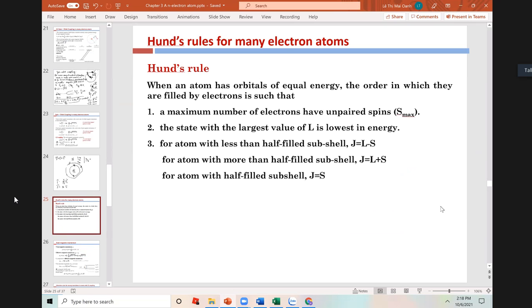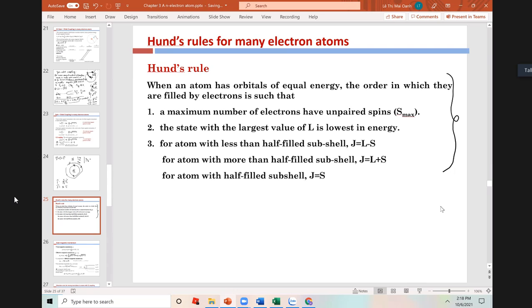For this, you restate Hund's rule. The electrons will be arranged in the orbitals for the maximum quantum number S and the maximum quantum number L in the total atom.